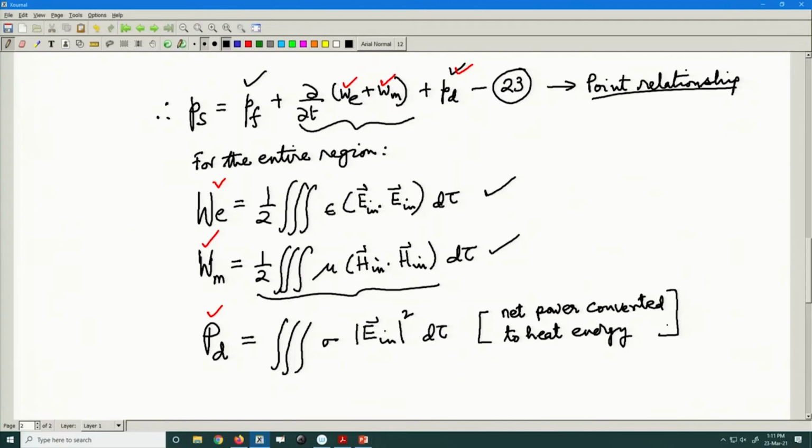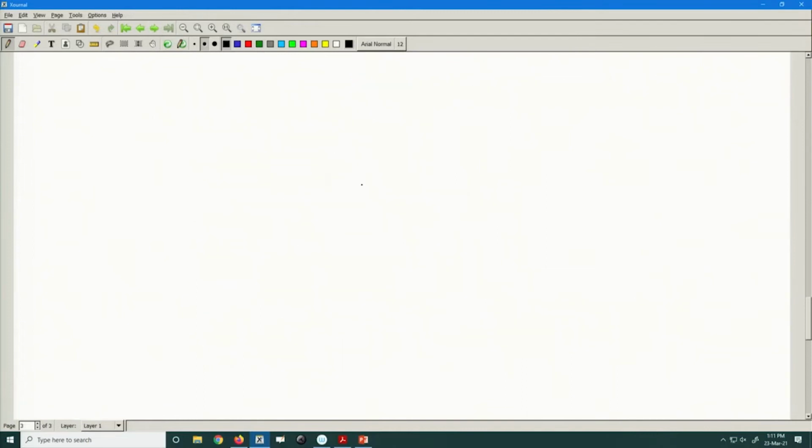This is the net power converted to heat energy, or the ohmic loss, the total ohmic loss in the region. Similarly, we can find the net power supplied by the sources in the region, and that will be capital P s.